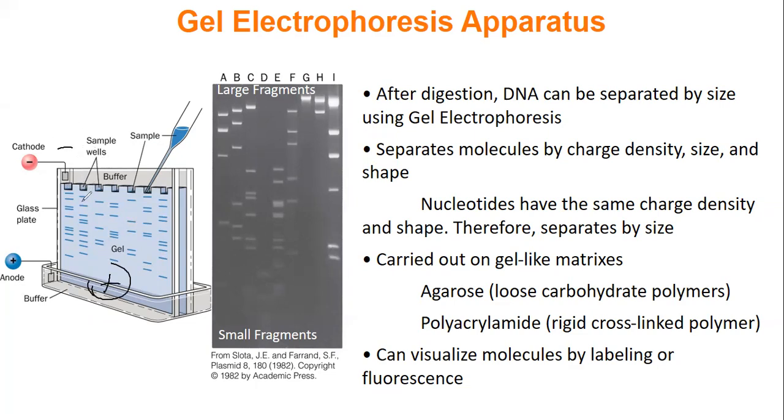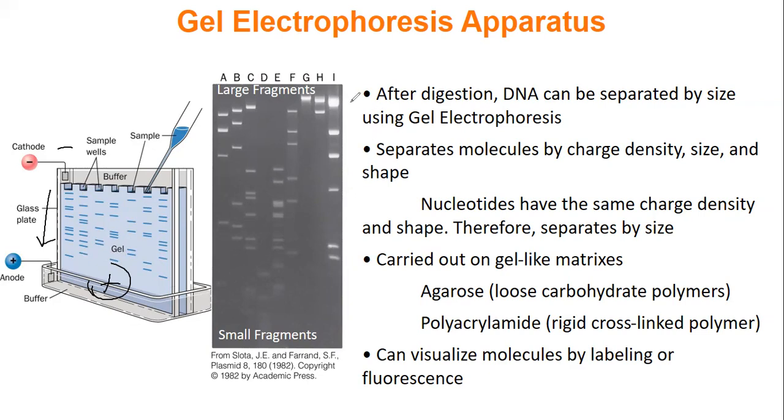And you're going to run it, and the DNA is going to go towards the positive termini. And the smaller the DNA is, the further it will travel down the gel. And so this is a way you can see what sizes you have after cutting your DNA.